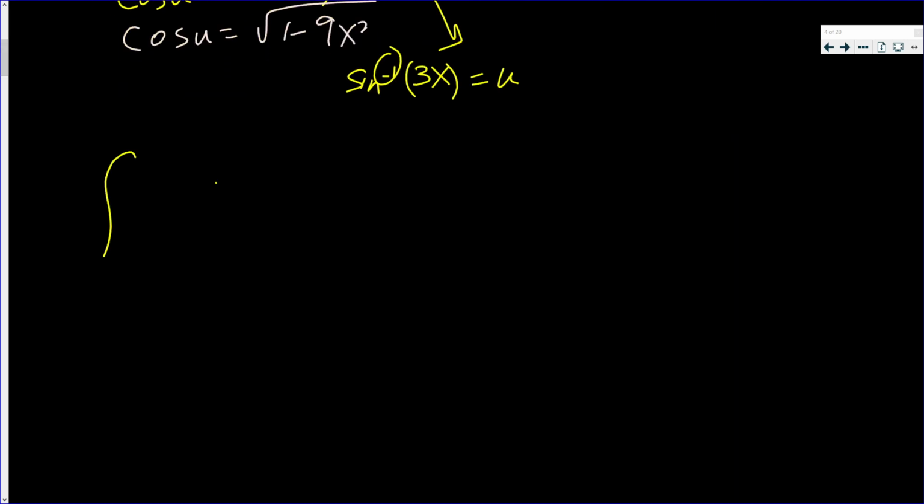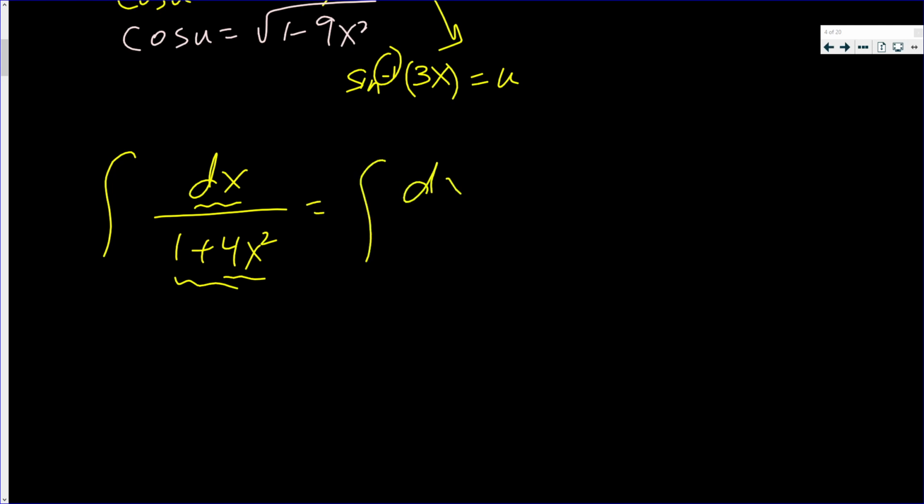About the integral of dx over 1 plus 4x squared. Once again, if you call 1 plus 4x squared u, well then du will be 8x dx. And although we have the dx, we don't have the 8x dx. So what you should do is think of the bottom as 1 squared plus 2x all squared.